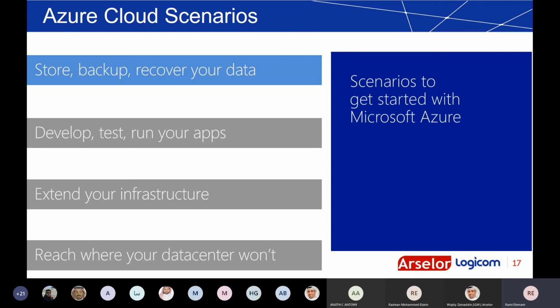After you finish your testing, just switch off your servers or delete them when you finish, and you will stop paying. The fourth scenario is that you can extend your infrastructure. You have the ability to connect your infrastructure or main data center with the Microsoft data center using a VPN site to site or point to site, or you can use ExpressRoute, which is the MPLS here in Saudi Arabia.